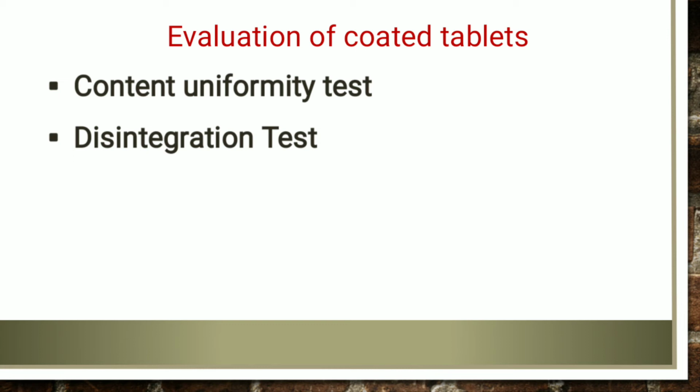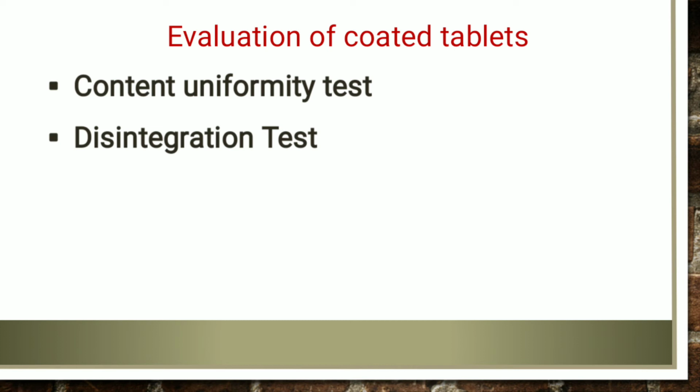Then for the next one, that is enteric coated tablets, or we also call it modified release, initially we place it in 0.1 normal HCl, which is the medium, or as specified in the individual monograph, at 37 plus minus 2 degrees Celsius. Within this 2-hour duration it should not disintegrate.